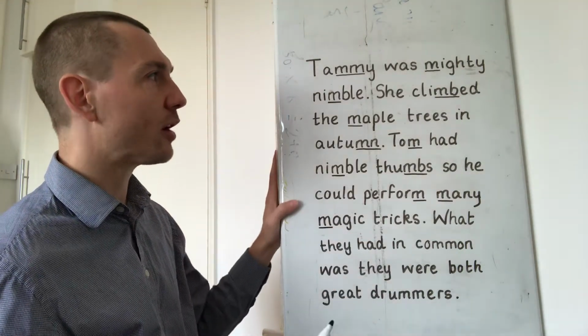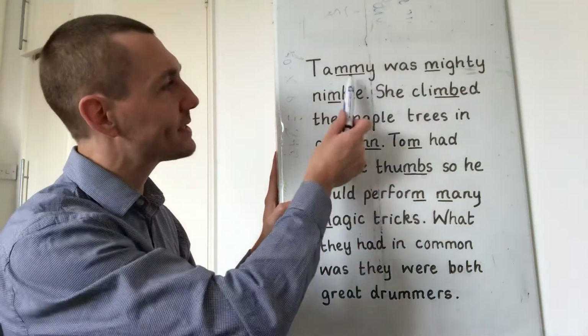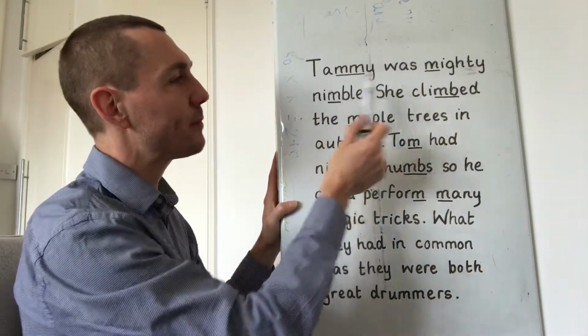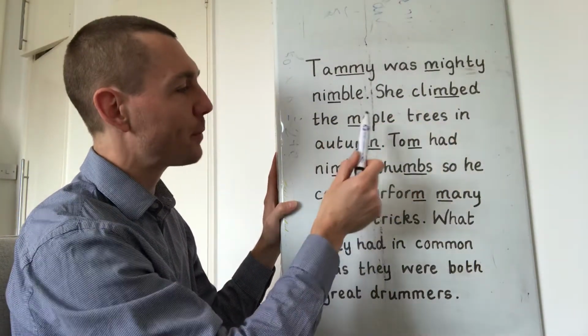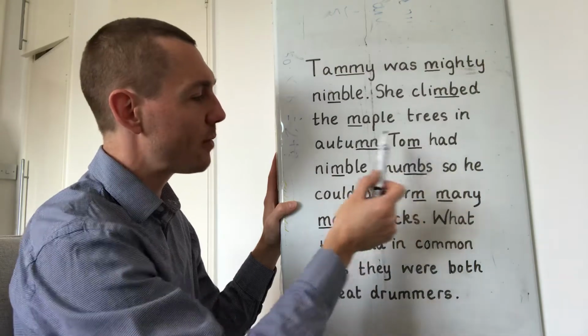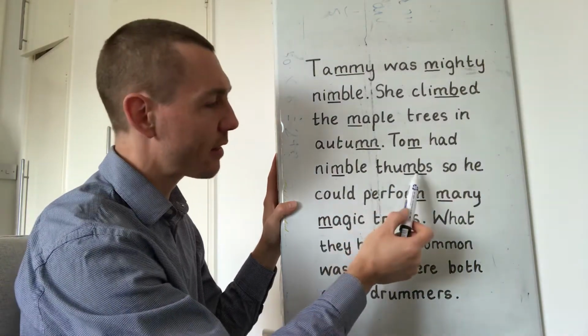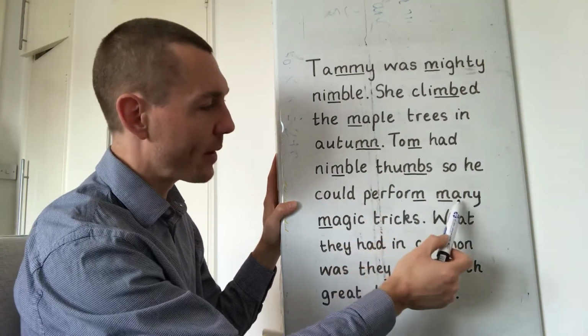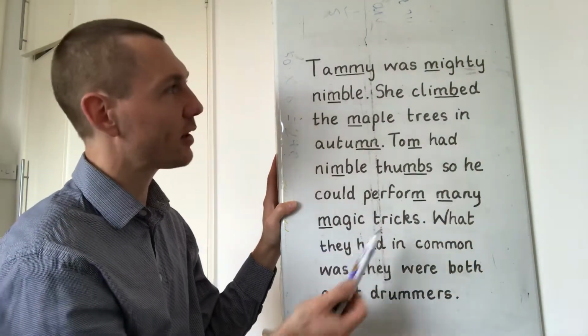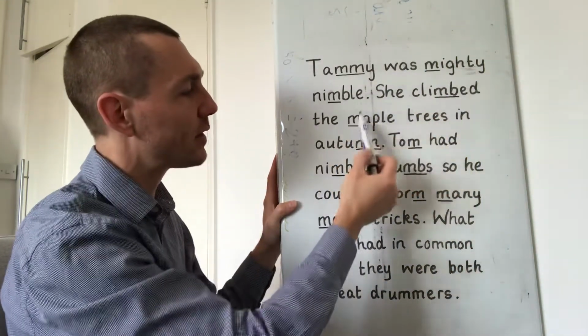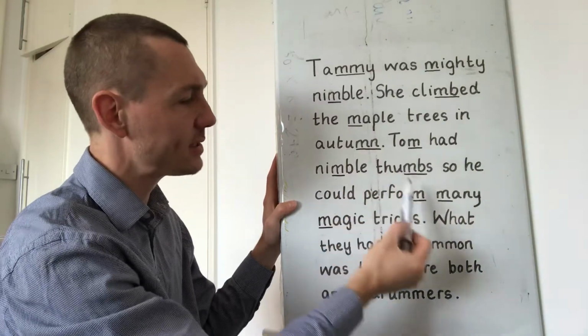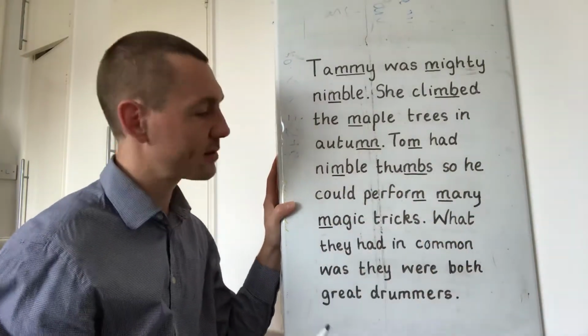So far we should have on your list, Tammy, mighty, nimble, climbed, maple, autumn, Tom, nimble again, thumbs, perform, many, and magic. Okay, 1, 2, 3, 4, 5, 6, 7, 8, 9, 10, 11, 12 words.